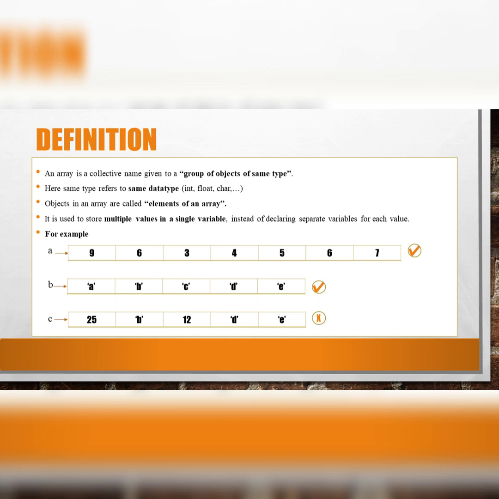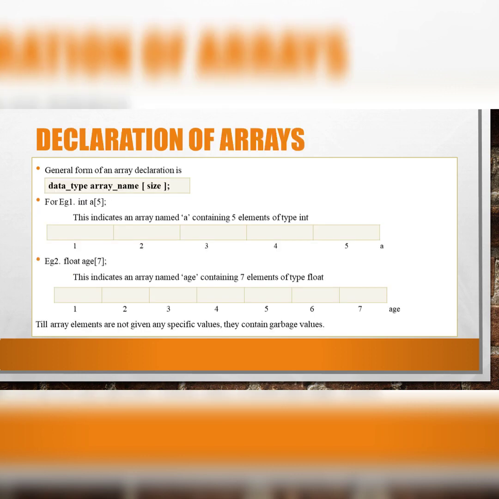From the given example, A and B refer to an integer array and a character array respectively, whereas C is not an array as it has a collection of elements of different types. Let us now see how to declare an array. The general form of declaring an array is data type followed by the name of the array with its size mentioned within square brackets.